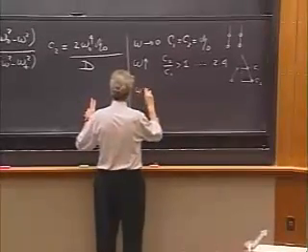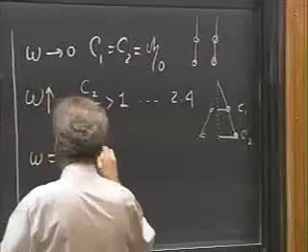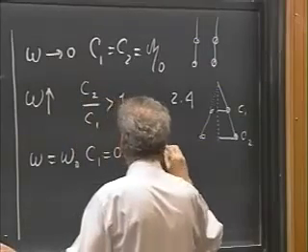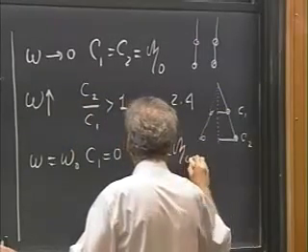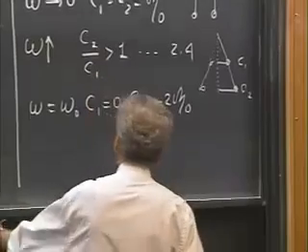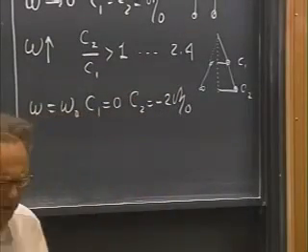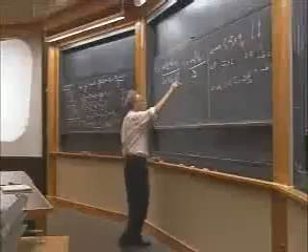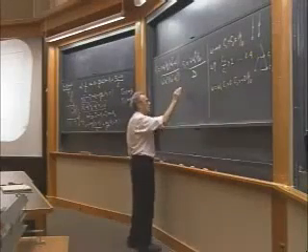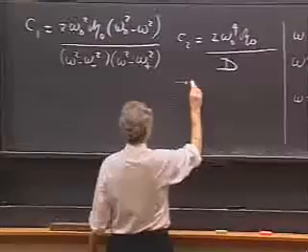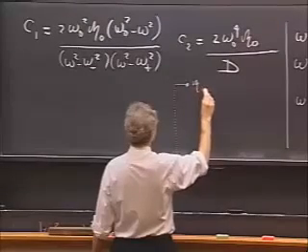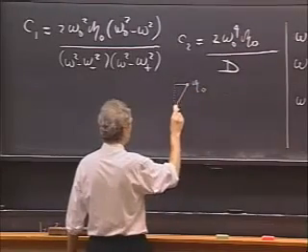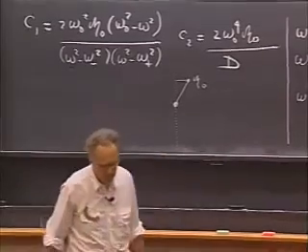So when omega is omega 0, C1 becomes 0, C2 becomes minus 2 eta 0, and so this pendulum is going to look then as follows. I'll make a drawing here, I have a little bit more space. So if my hand is here at eta 0, then number 1 will stand still, won't do anything.